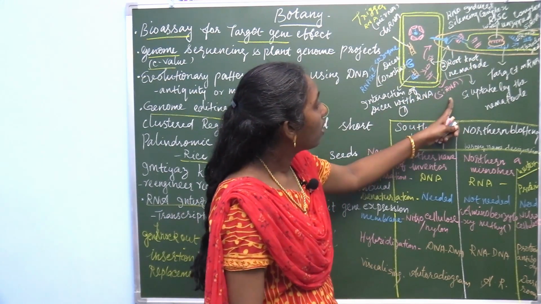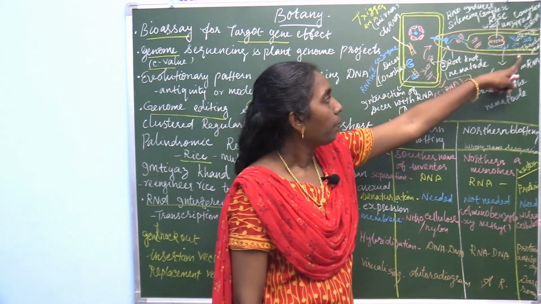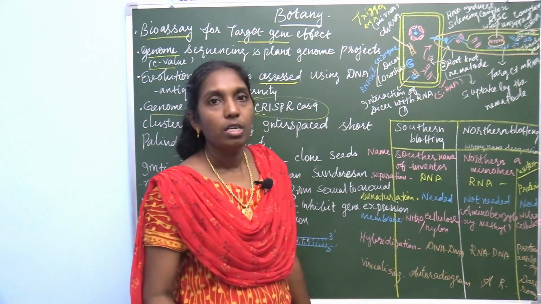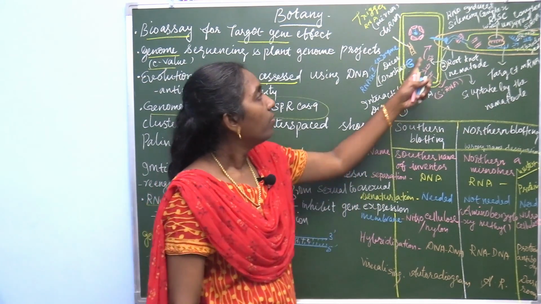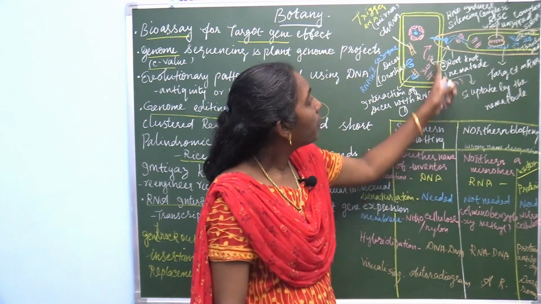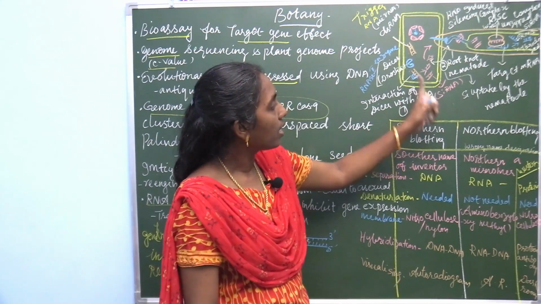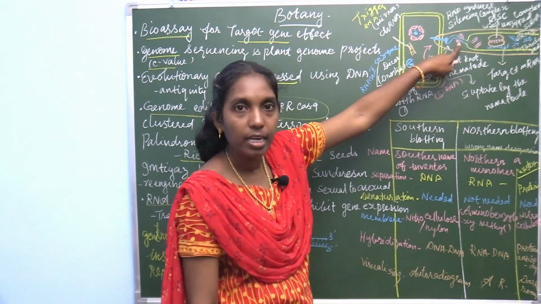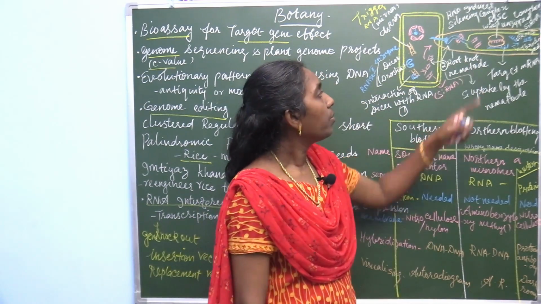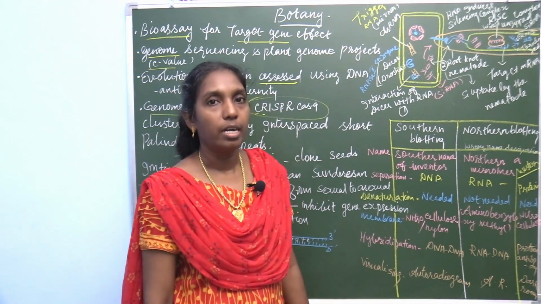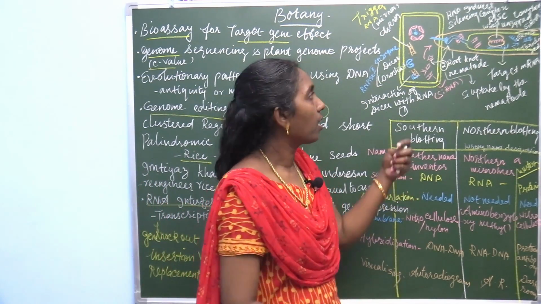In the second step, the siRNA is taken up by the nematode. The nematode is a worm; in plants it is a parasitic worm. This nematode, commonly called the root knot nematode, a plant parasitic nematode, takes up the siRNA.